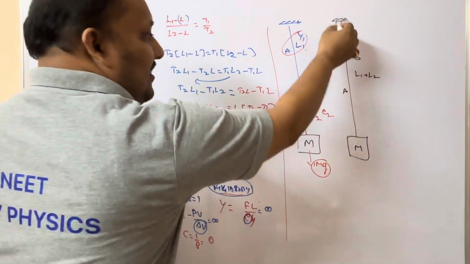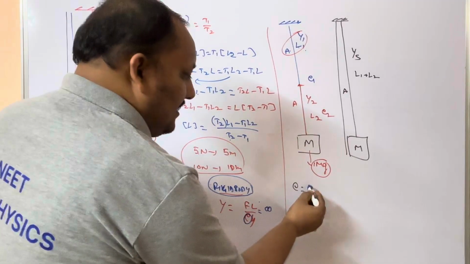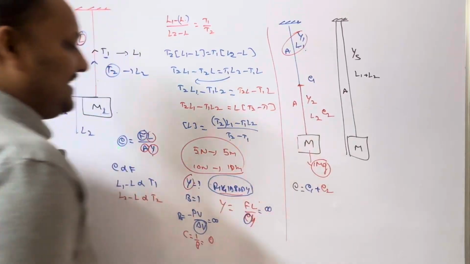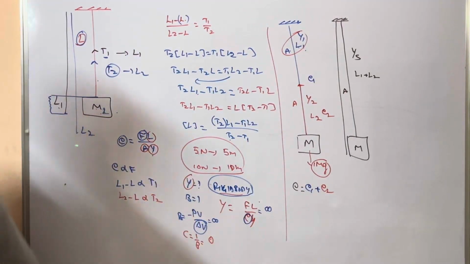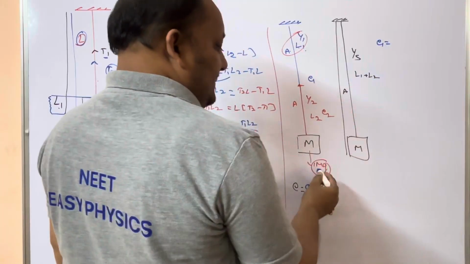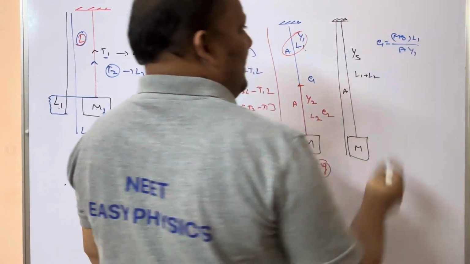Therefore, the total elongation is E equals E1 plus E2. Now, what is the formula for E? FL by AY.